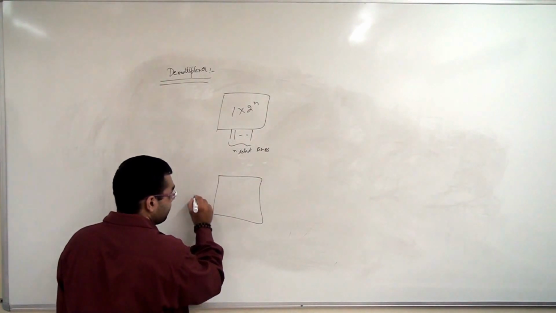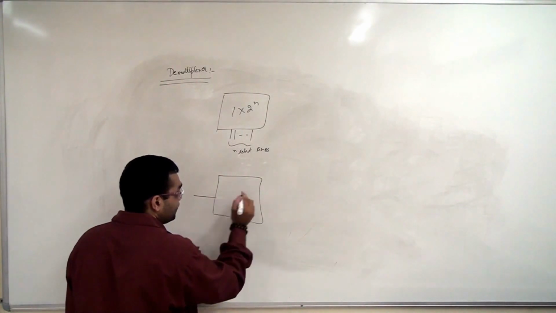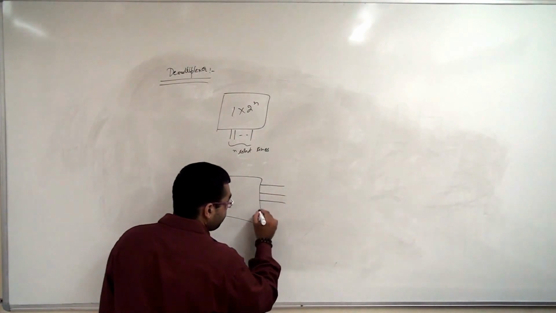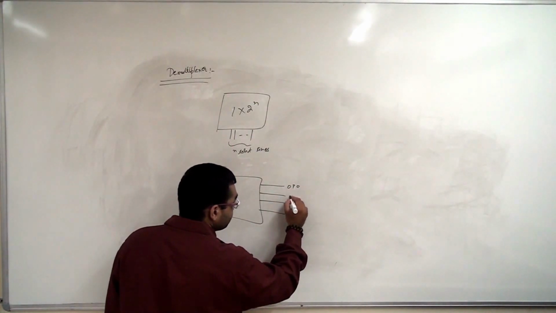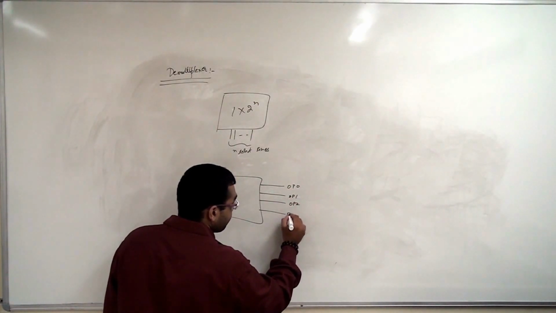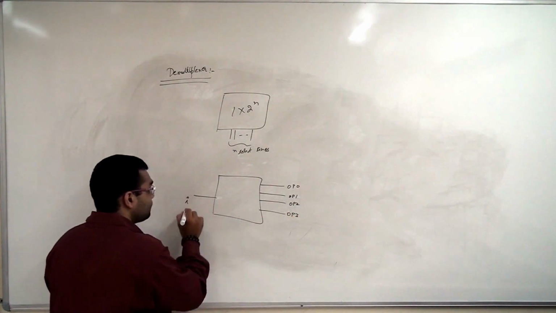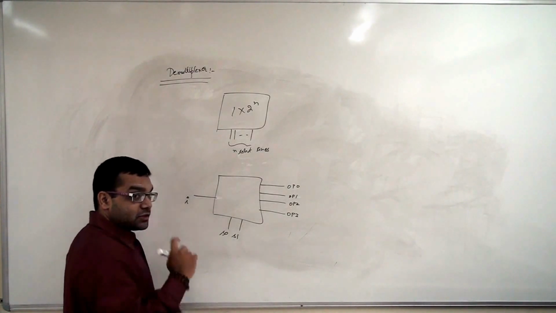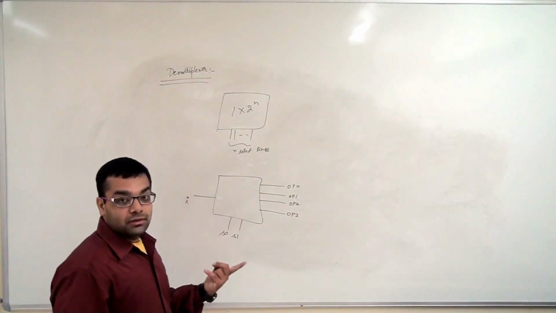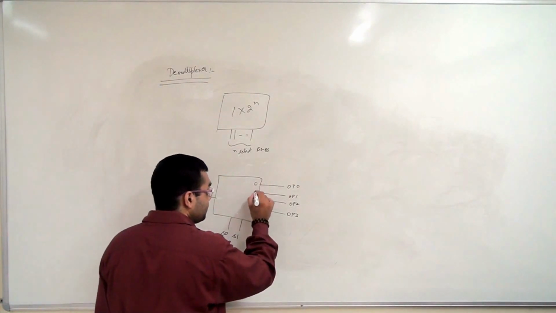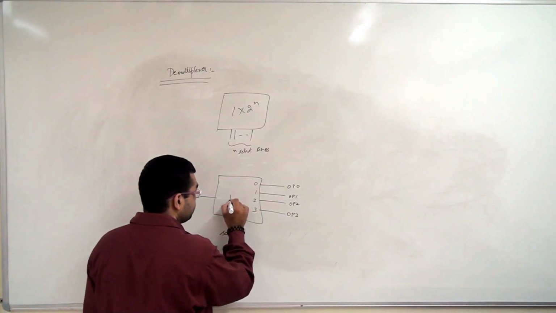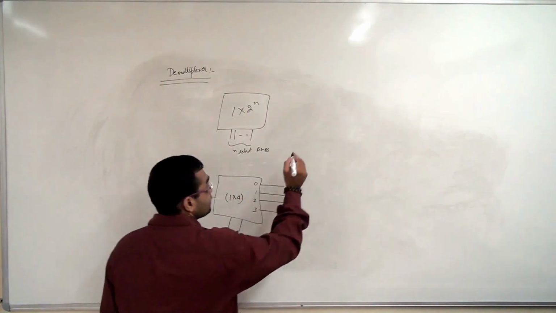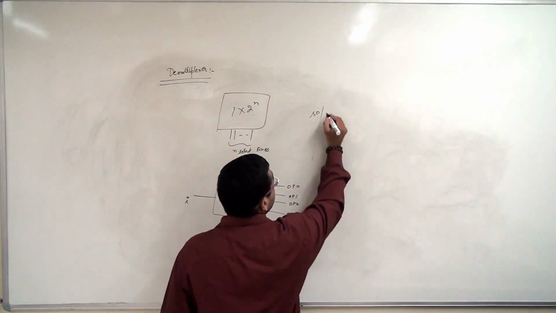I'll straight away explain its working using an example. Suppose we have a 1 cross 4 demultiplexer, so we have 4 outputs and a single input I coming in. We have 2 select lines, S0 and S1. The value of the select lines determines on which of the outputs the input I will go.